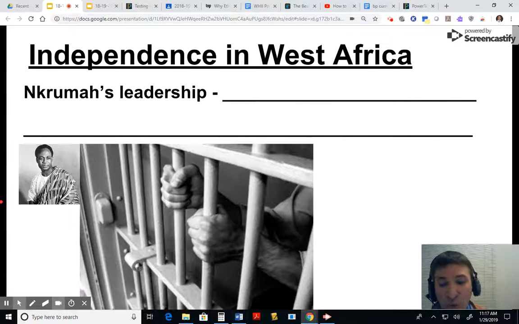After that, Nkrumah negotiated a new constitution, a new form of government, with Britain, and then became Ghana's first prime minister. Ghana's example became a model for the rest of Africa to follow. So Nkrumah was an important part of the African independence story, from prison to president.